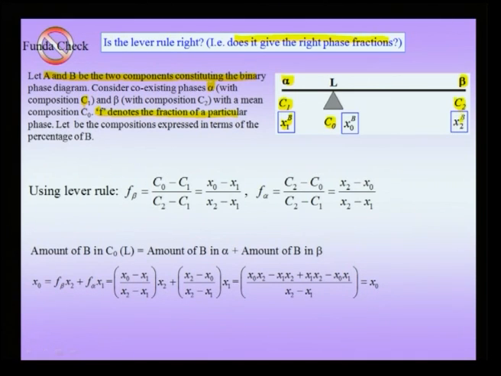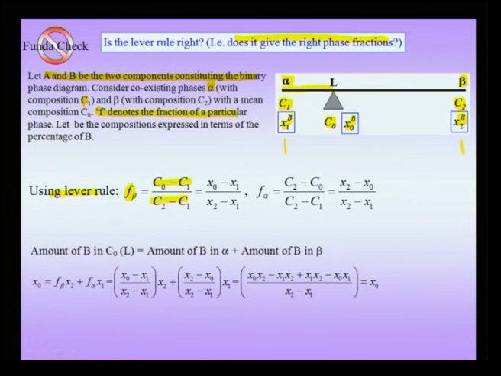The composition of the beta phase is x subscript 2 in terms of B, and the composition of the starting liquid is x0. Now, using the lever rule, the fraction of beta can be written as C0 minus C1, which is this arm of the lever, divided by C2 minus C1, which is the terminal ends of the lever.